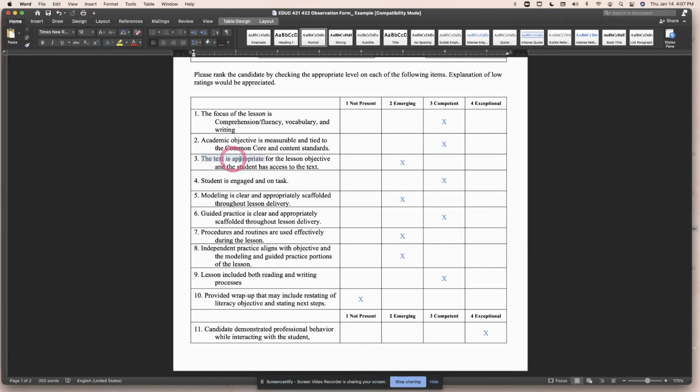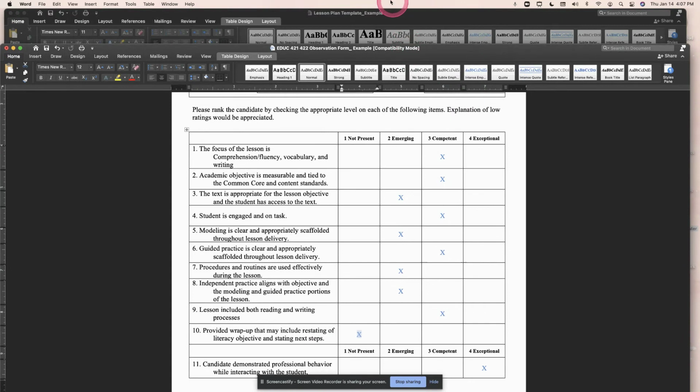So you'll notice the text is appropriate for the lesson objective, and the student has access to the text. So I wrote 2 because maybe my tutor A picked a story that was a little bit too high, and I saw that my tutee struggled a little bit with it, or maybe there was a little glitch where we both couldn't see the text, etc. For this portion, I did it on purpose.